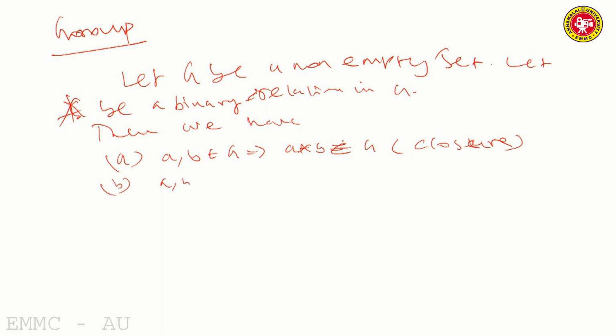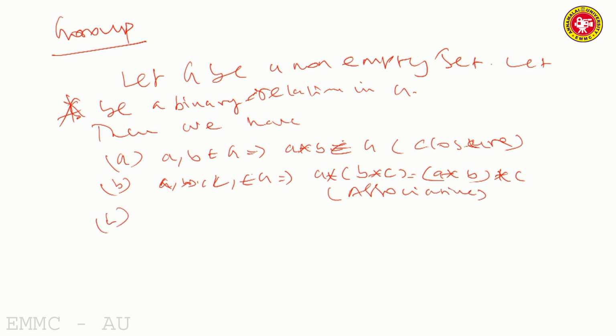If A comma B comma C belongs to G, then we have A star B star C is equal to A star B star C. This property is called associative.